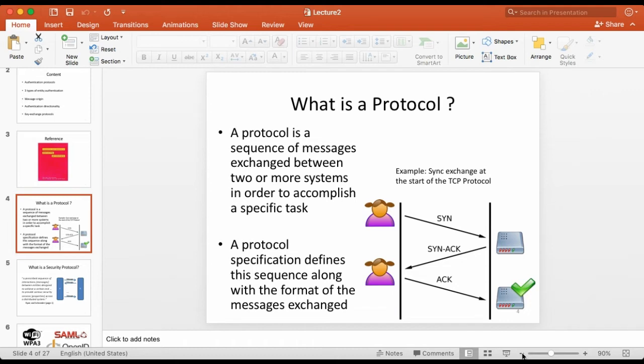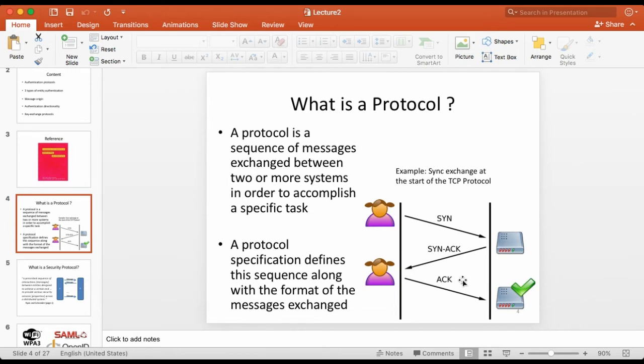Now, a very famous example is the TCP SYN exchange of messages, which happens between a client and a server. So the client sends a synchronization message to the server, or the router, whatever it is, the switch, and then that device sends a SYN acknowledgement message back to the client, and finally the client acknowledges the device's acknowledgement signal.